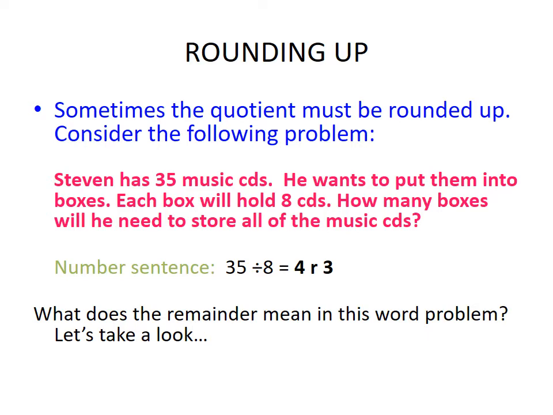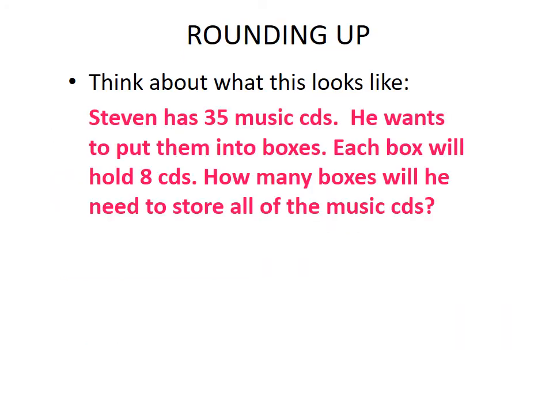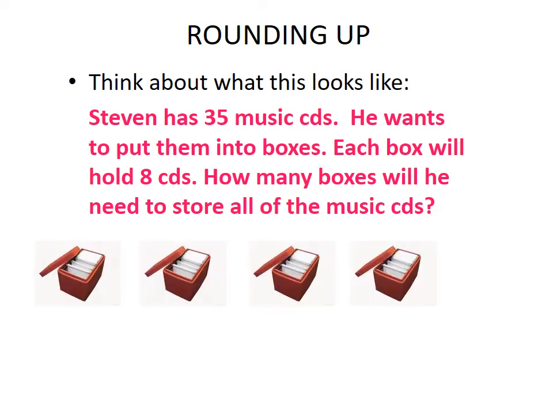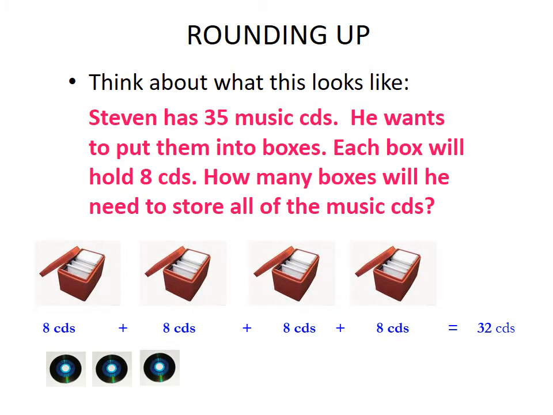Let's take a look. You need to think about what this would look like. So here's your 4 boxes. Each box, as we know, is going to contain your 8 CDs. So 8 plus 8 plus 8 plus 8 CDs gives you 32 CDs. But we know he has 35 CDs, so you have 3 CDs left over. What are you going to do with that?